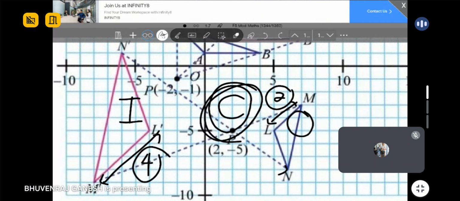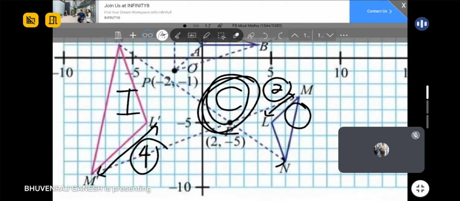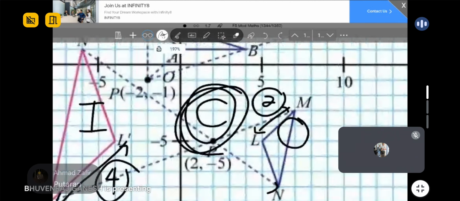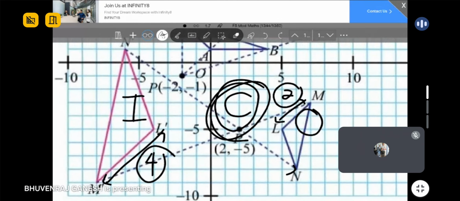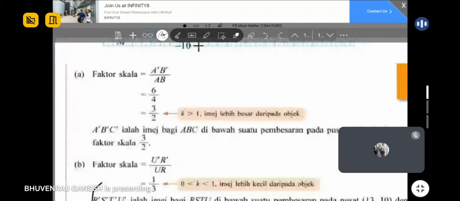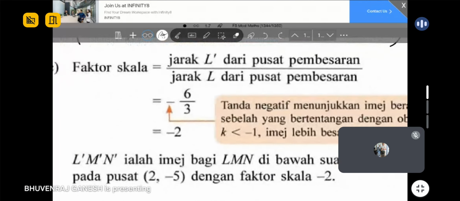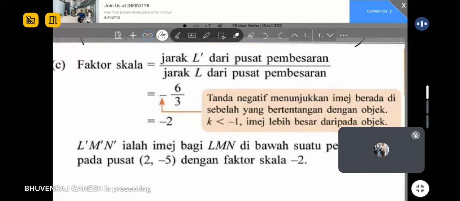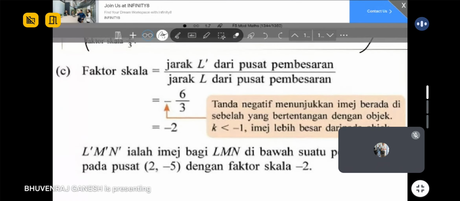This is not a reflection. Okay? I think it's more on rotation, putaran. Yeah. Okay? So make sure check label. Walaupun dia nampak macam sama, tapi tak sama. It's a bit different. Okay? So the answer is this one. -2 pusat plus with pembesaran.